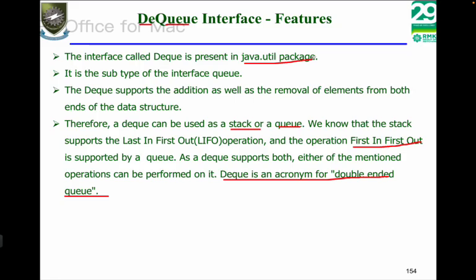Java.util is a package which contains the Deque interface. In concise, Deque is a doubly ended queue. It supports stack as well as queue data structure. So elements can be added at the beginning or at the end of a data structure.